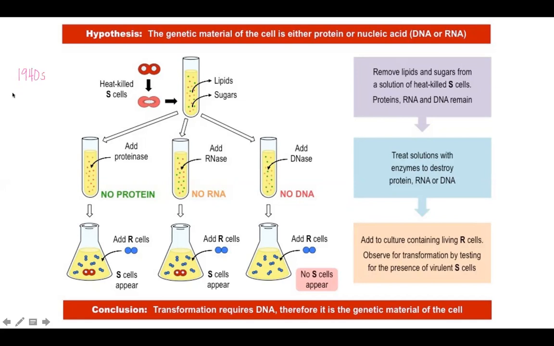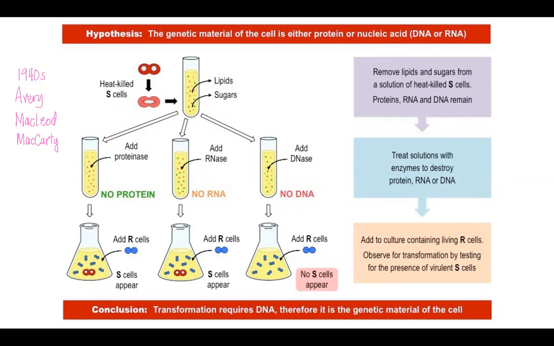So these three guys were Avery, MacLeod, and McCarthy. They also used the same bacteria used by Frederick Griffith. So they have the S strain of the pneumococcus. So this is the virulent strain.